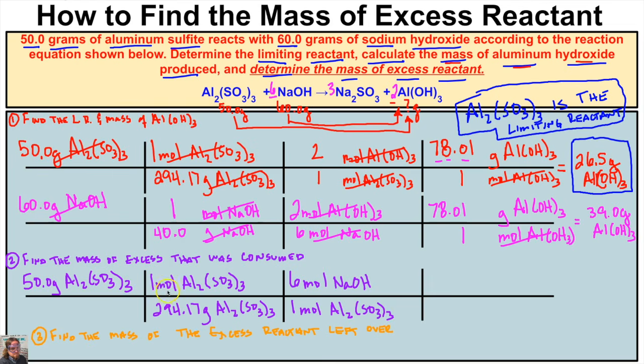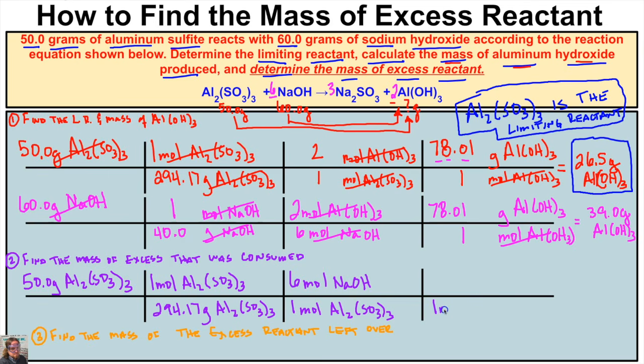And so we can see now what's happening is that moles of aluminum sulfite on bottom here will cancel out with moles of aluminum sulfite on top. So that's going to leave us with moles of sodium hydroxide. Well, we need to figure out the mass. We're trying to figure out the mass that was consumed of sodium hydroxide. So we got to carry this a step further.